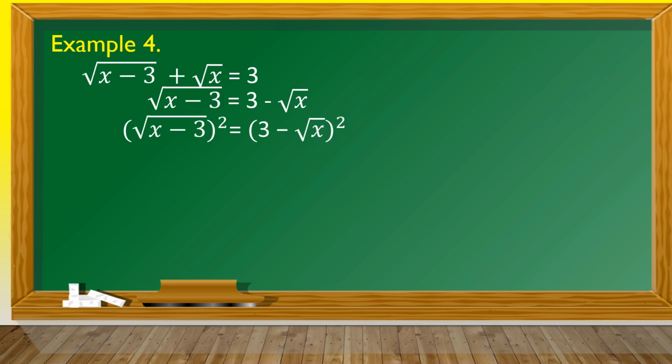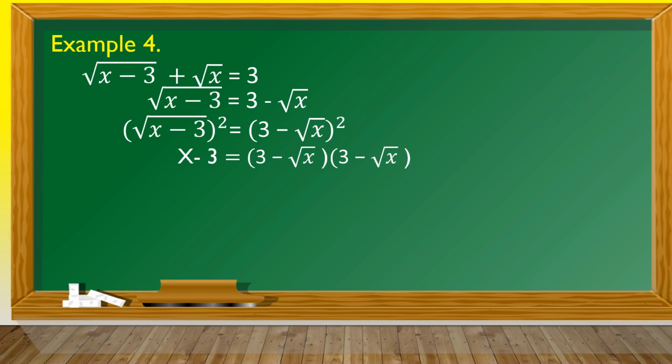Next is, we will eliminate the radical by raising both sides to the power 2 or squaring both sides since the index is 2. Then, the square of the square root of x minus 3 is x minus 3 equals the square of the quantity 3 minus the square root of x, which is just the same as multiplying the quantity 3 minus the square root of x times the quantity 3 minus the square root of x.